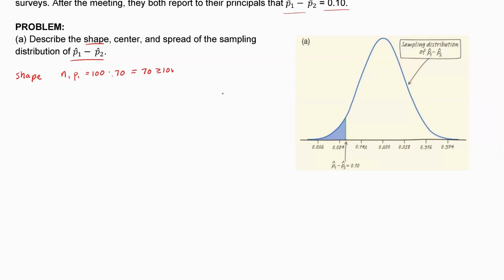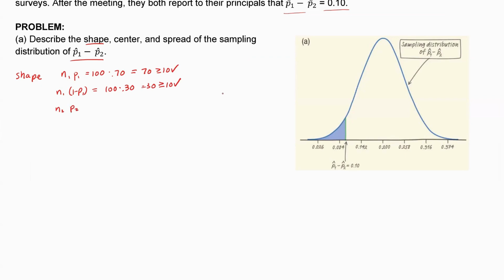That's greater than or equal to 10. And n1 times 1 minus p1 is 100 times 0.3, so I expect 30 failures. That looks pretty good. I think the sampling distribution of p hat 1 is approximately normal.